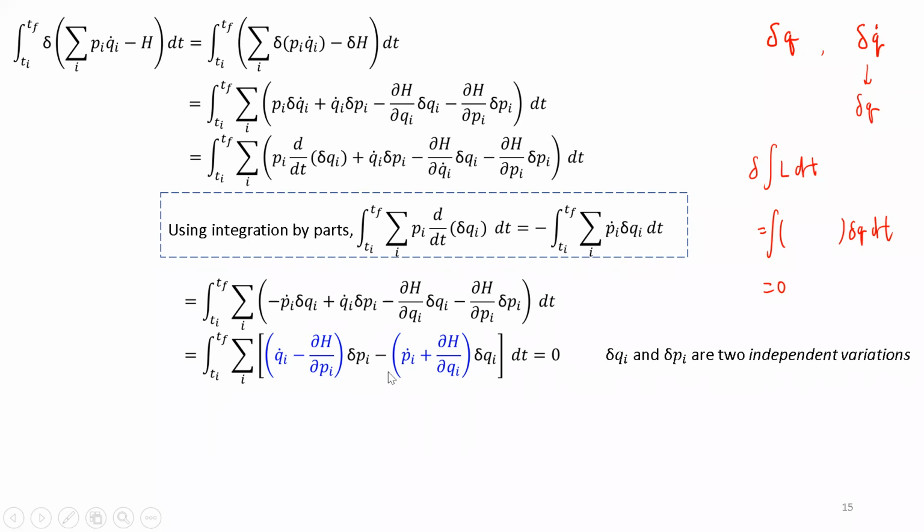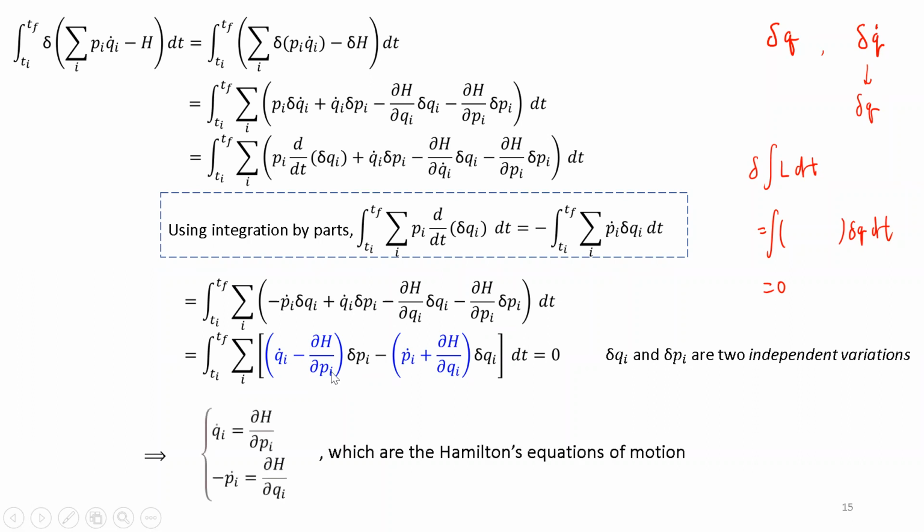And if that's the case, then because this whole thing has to be 0, and these two are independent, the terms in this first bracket have to be 0, and also this bracket has to be 0. They both have to be zeros. Then you get these two equations, which are Hamilton's equations of motion. Hamilton's equation of motion is here.